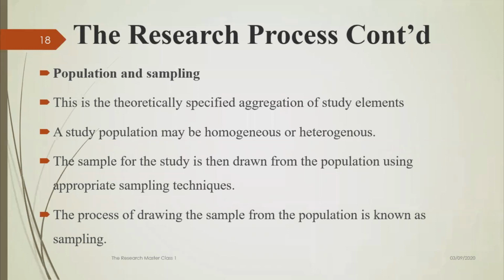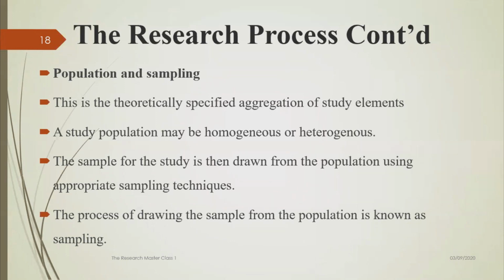And so you also need to use appropriate techniques to draw your sample so that at the end of the day, you can generalize. And we'll look at these sampling techniques in future classes. I've also indicated that the population can be homogeneous or heterogeneous. Homogeneous meaning that they have the same characteristics.